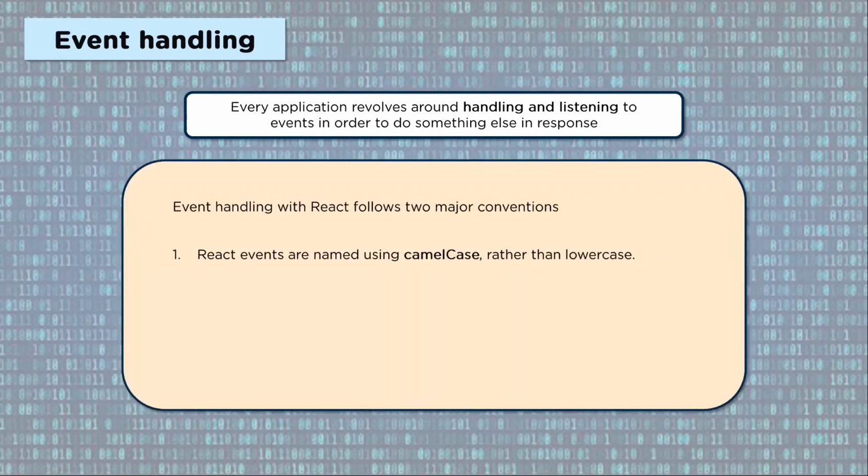So event handling with React follows two major conventions. React events are named using camel casing rather than lowercase. So camel casing would have the first letter of the word in lowercase and the second major letter in uppercase. With JSX, you can pass a function as the event handler rather than a string. So an entire function expression can be passed as a parameter to the event handler and not just flat string values.